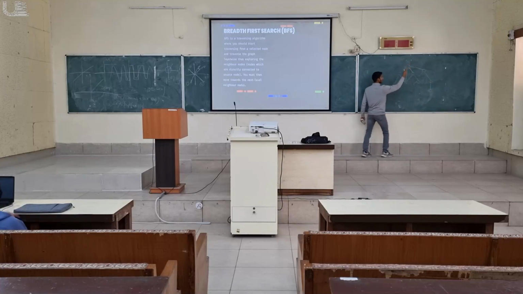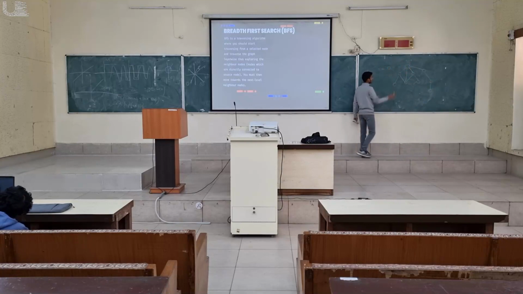This is the root node, which lies on level 0. All those nodes which are directly connected to the root node will lie on level 1.